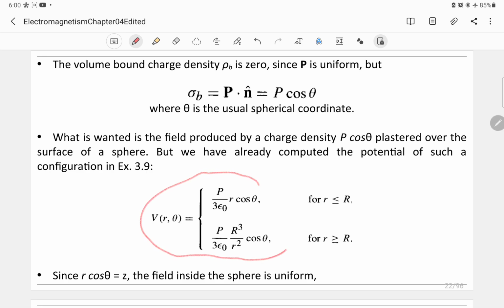The detailed calculation is discussed in chapter 3, so you can review it and compare, and then you will be able to replace this with a charge distribution K on the surface of a sphere.